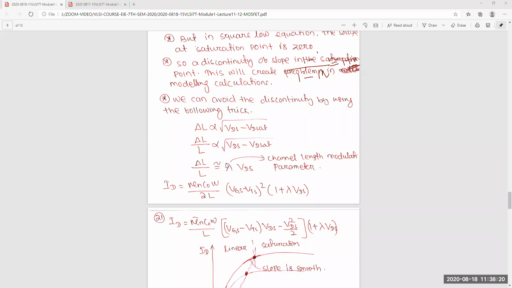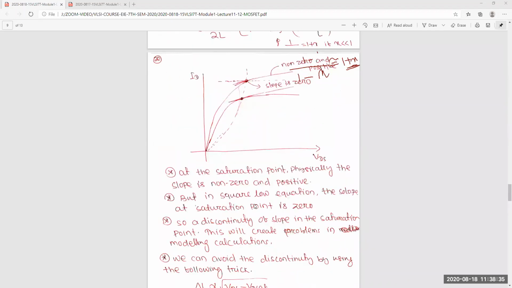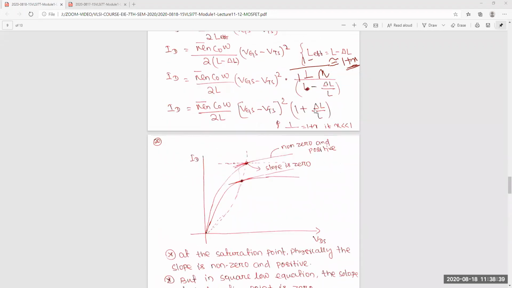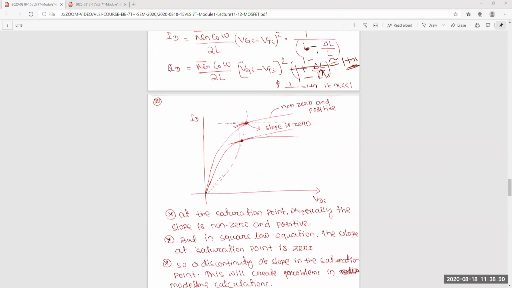This calculation is complicated, so just remember, the whole part you can approximate in this format, lambda VDS. Lambda is a channel length parameter. So in the place of this 1 plus del L by L, we can put lambda VDS. Though there is no direct VDS term, del L depends on the VDS. So directly we can put lambda VDS, so that if VDS changes, the current will change.